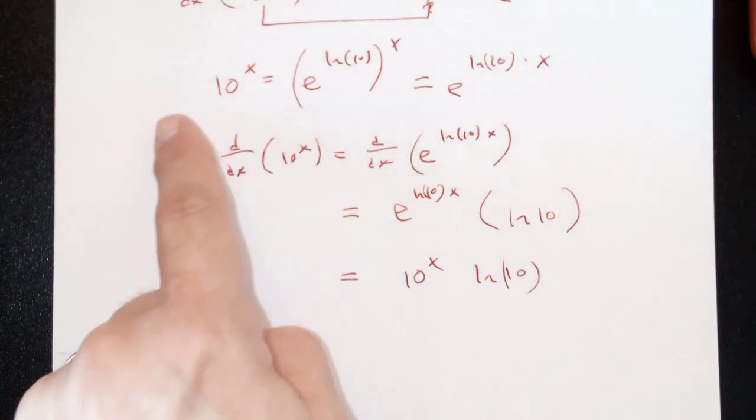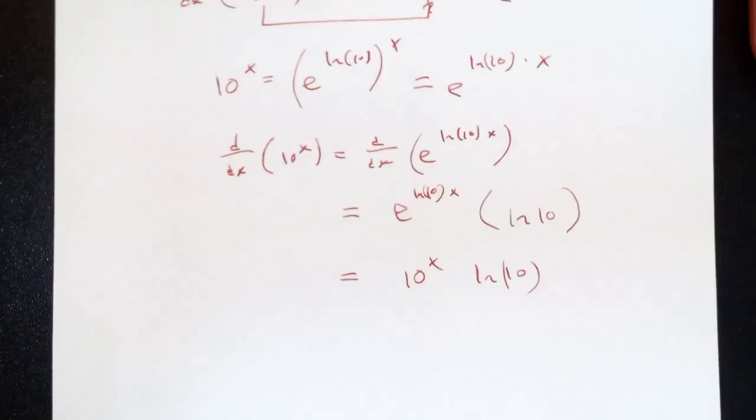If this base is anything other than e, I get that ln outside. What is ln of e? They cancel each other out. I just get 1, which is why e to the x's derivative is e to the x times 1.